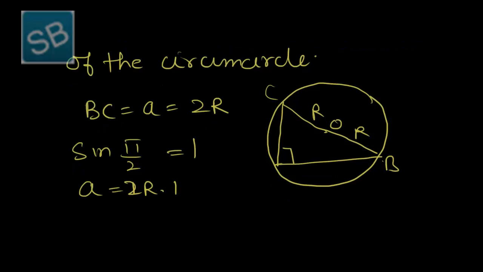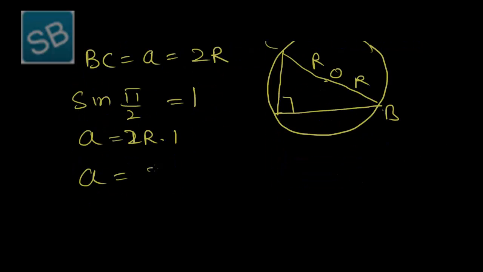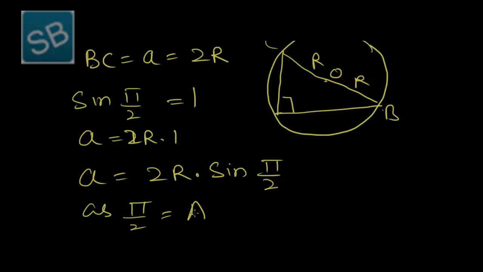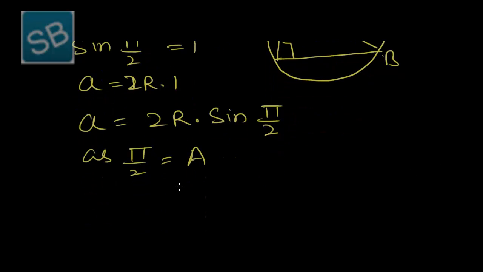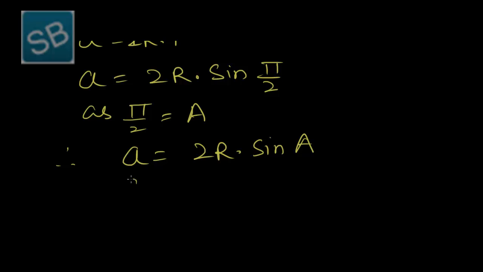That is, A is equal to 2R into sine pi by 2. And as pi by 2 is equal to angle A, therefore A is equal to 2R into sine A. So we can see here A over sine A is equal to 2R.